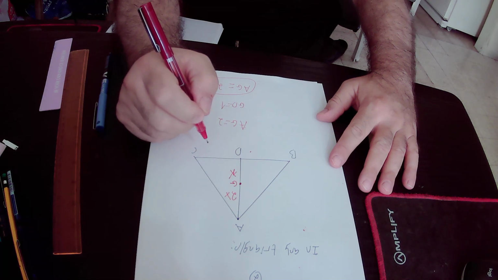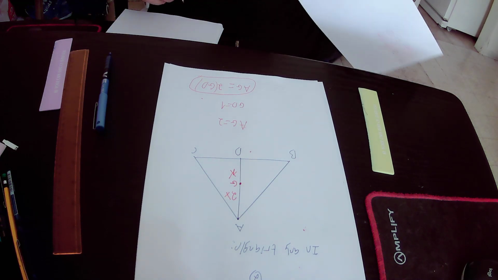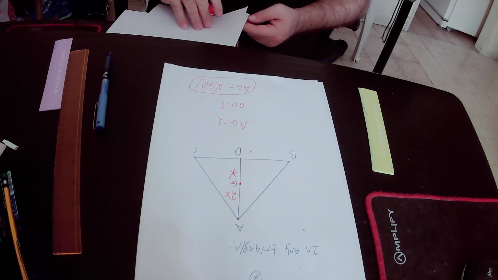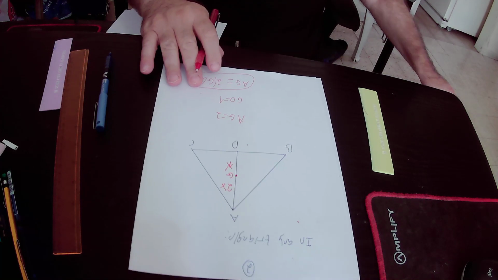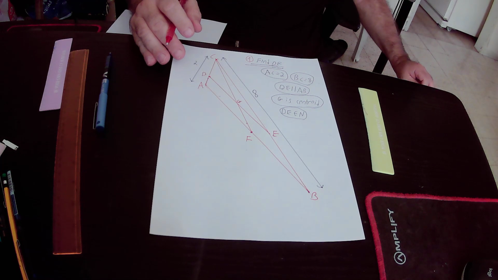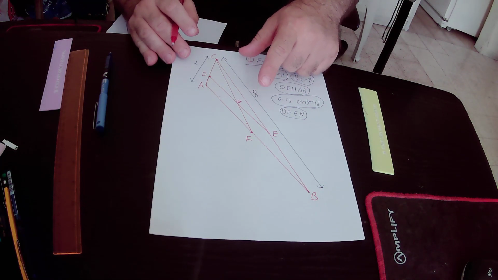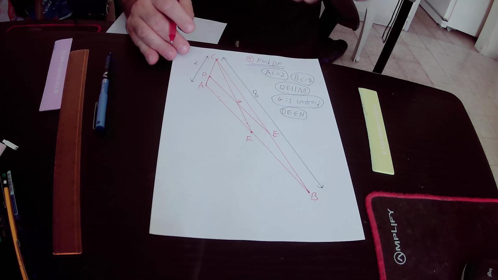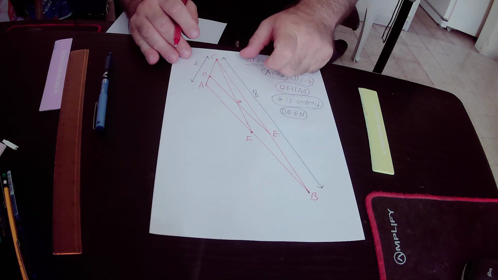Okay, so we can implement this rule in our drawing, because in our drawing we have G, which is the centroid of triangle ABC.